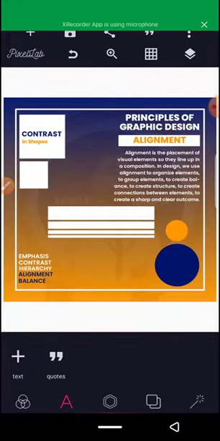Now the most common principles of design are emphasis, contrast, hierarchy, alignment, balance, and repetition.